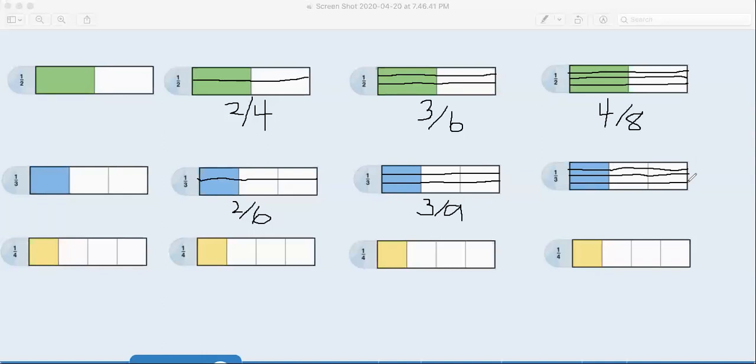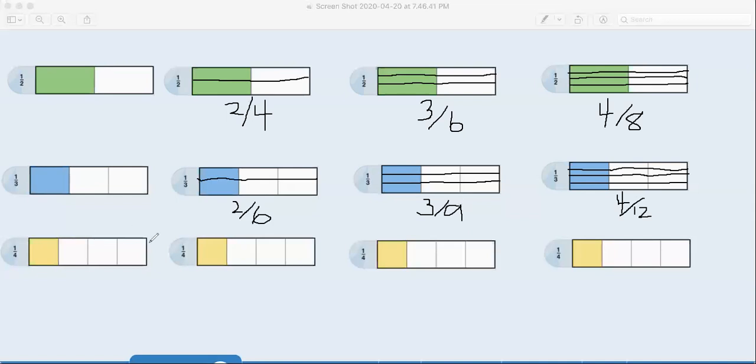Well, the shaded part is the same, right? That blue section is still the same. It's just now the number of parts keeps changing. Right now, if I have 4, 4, and 4, I have 12 equal parts, and 4 of those are shaded. So I can say that 4/12 is the same as 1/3, which represents the same as 2/6, which is 3/9, right?